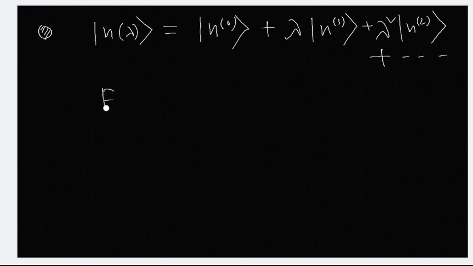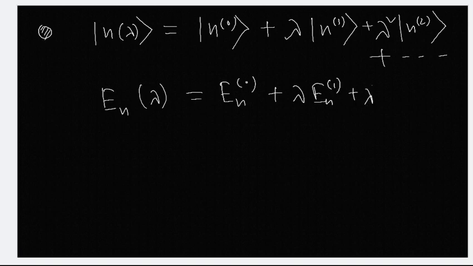And the energy eigenvalue also in the same way: En lambda is En naught plus lambda En1 plus lambda square En2, and so on.